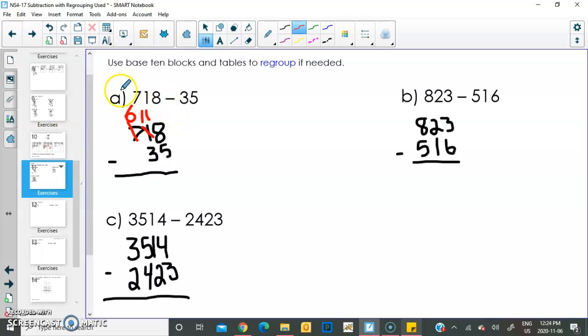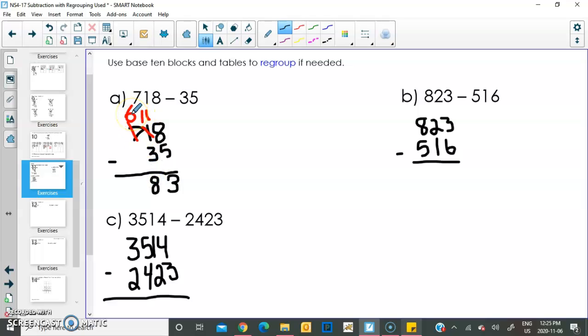Now, it's just an easy peasy lemon squeezy question. Okay, so let's do the ones first. I'm going to change my color. So 8 ones minus 5 ones equals, good, 3. 11 tens minus 3 tens equals, good, 8.